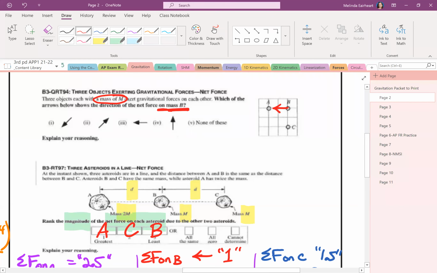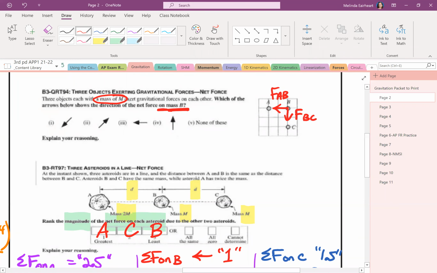And so we'll have a leftward force because of A. Now ignore A. What about B and C? Same mass, same distance. The force of B because of C is going to be what direction? It's attractive, so towards each other, but on B, it would be what specific direction? Down. The force between B and C.